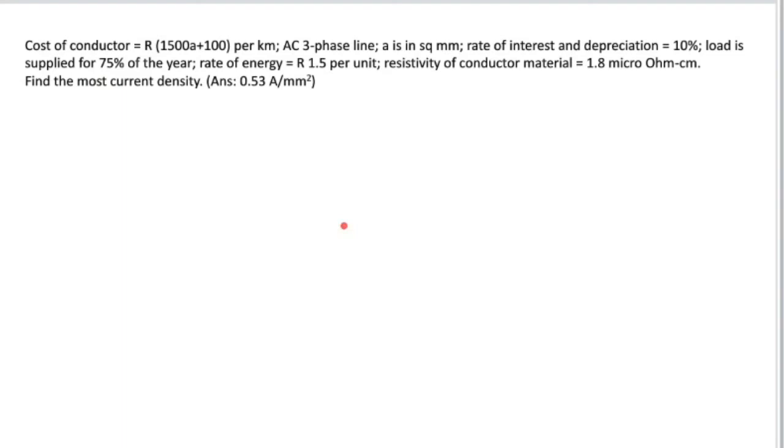So we want to solve it. Now the cost of conductor, write down as I say for the solution. We don't know the length of the line here. So suppose the length of the line is 1 kilometer. Did you get it?